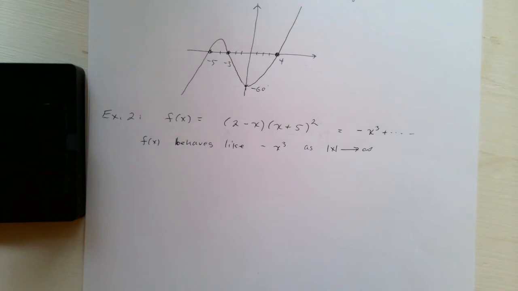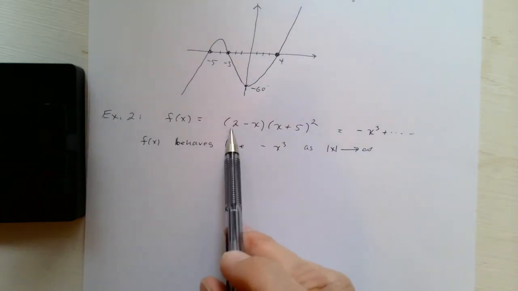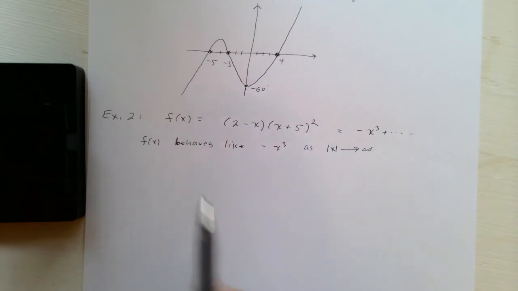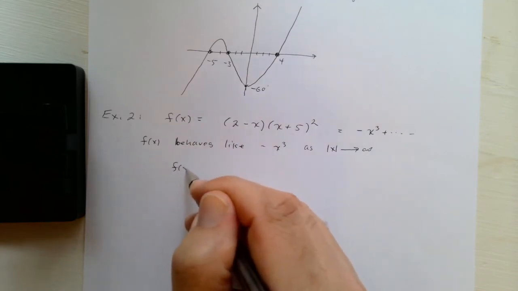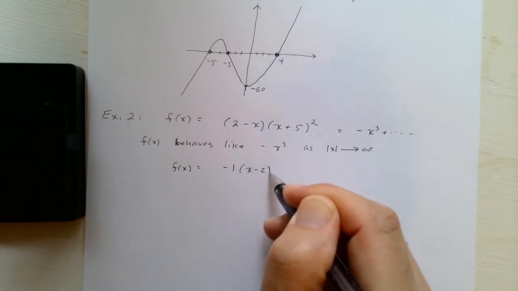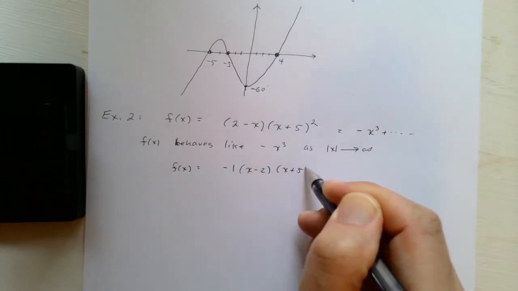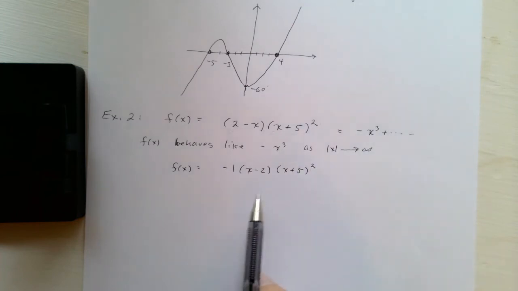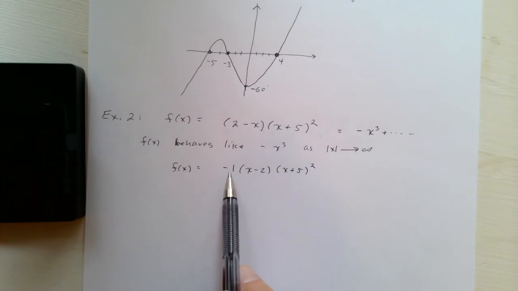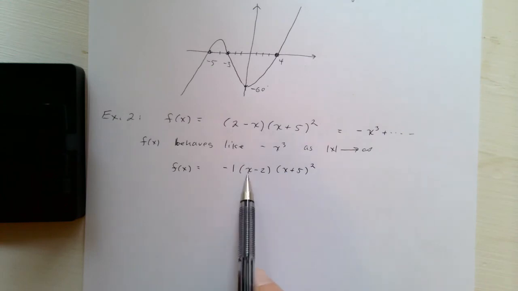And what would be the zeros? Now here we have 2 minus x. We don't have x minus 2, but in fact we have the opposite of x minus 2. So we actually can rewrite f of x, if we want, as negative 1 times x minus 2 times x plus 5 squared. Basically, if we multiply negative 1 times x minus 2, we get negative x plus 2, which is the same as 2 minus x.